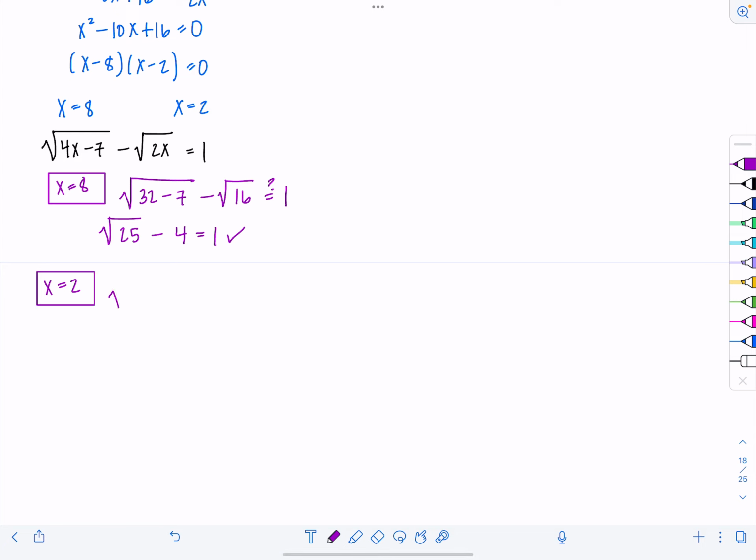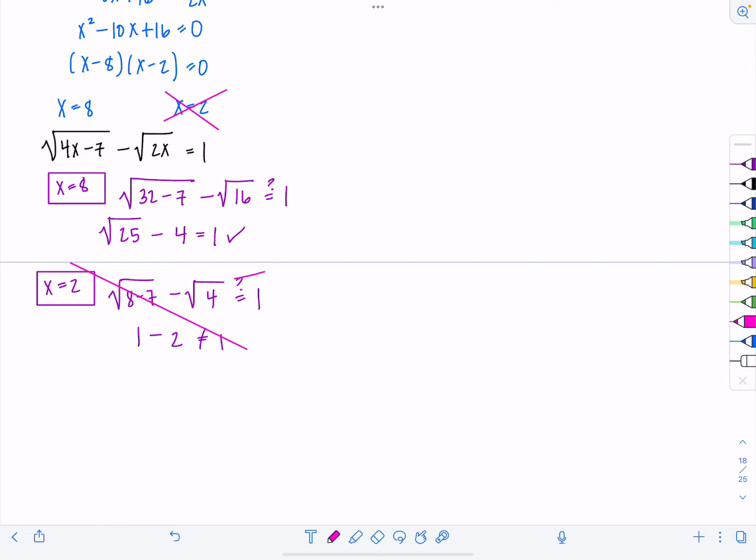So here we go. Square root of 4 times 2, that's 8, minus 7, minus square root of 2 times 2, that's 4. Does that equal 1? So 8 minus 7, that's 1. Square root of 1 is 1. 1 minus 2, no, that doesn't equal 1. That equals negative 1. So this solution is extraneous.